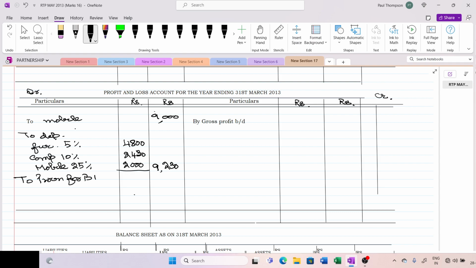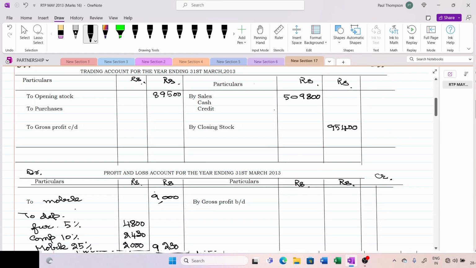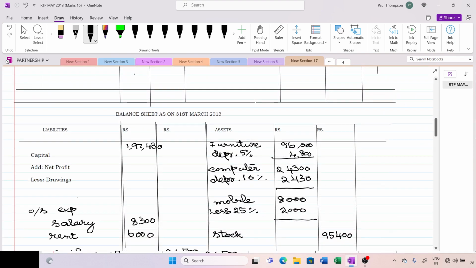That was 5%, I think, 3250. We will confirm that also. So these were the depreciations posted here as well as in the balance sheet.